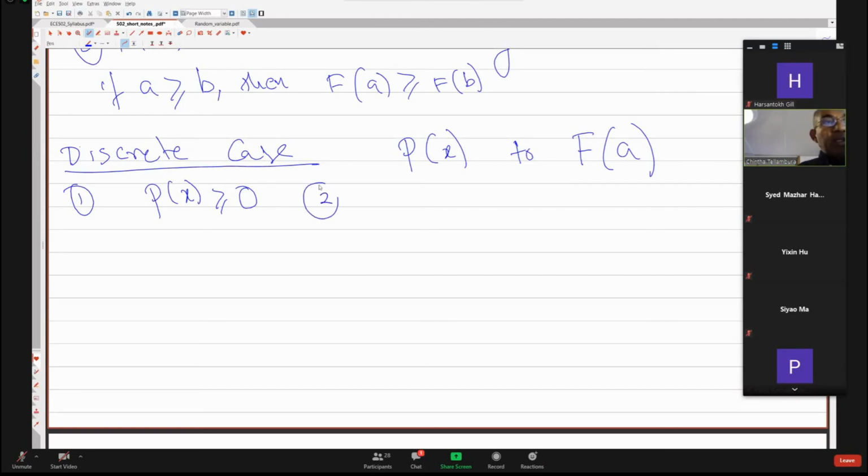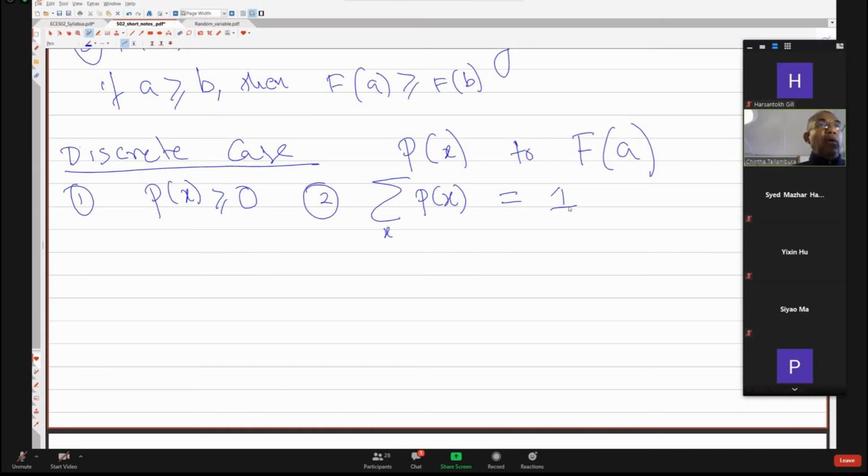Number two, if you sum all P(x) values for all possible x, the sum is 1 as before. So this again tells me that the total probability is equal to 1, which should be the case.